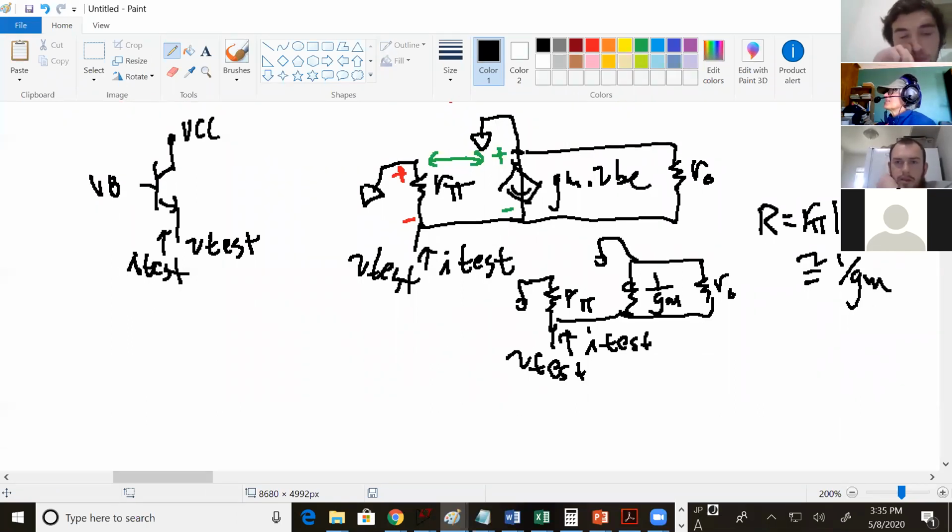And you're about 10 minutes ahead of the other class still. And again, when you're looking for the resistance at the base, you put DC voltages on the other two terminals and then just do small signal analysis.